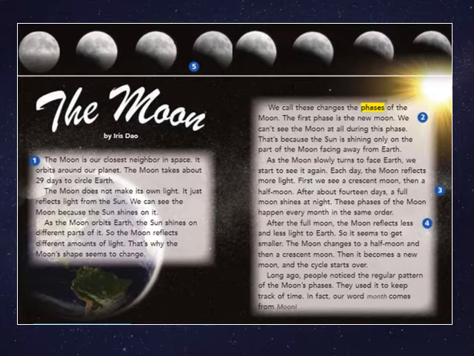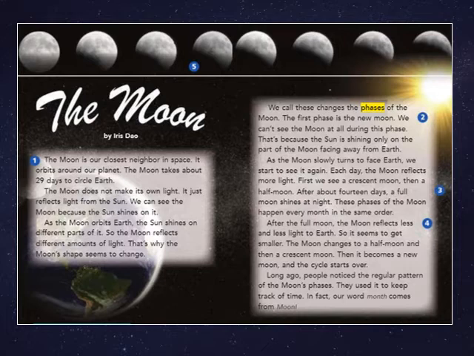Let's think about what we just read. What do you think the word neighbor means in the first sentence? The moon is our closest neighbor in space. Have you heard the word neighbor before?